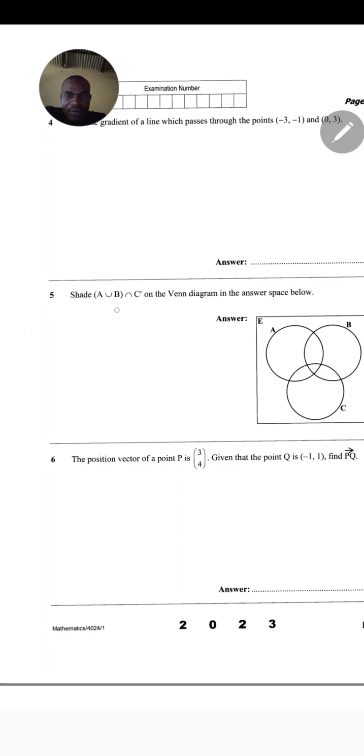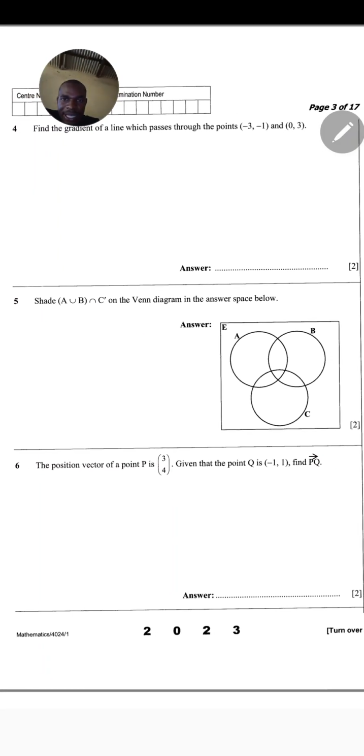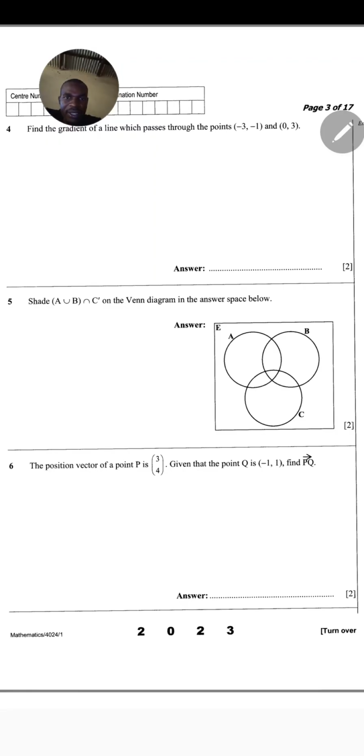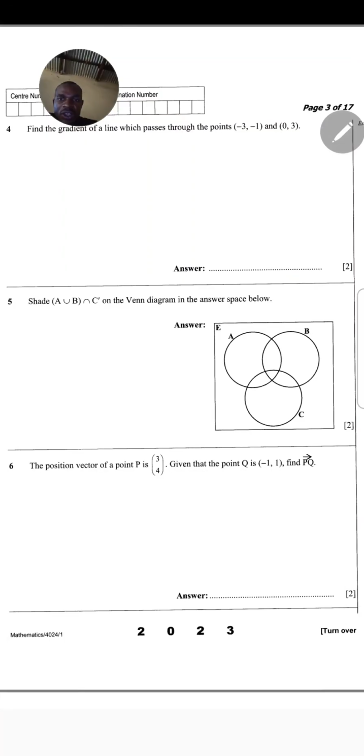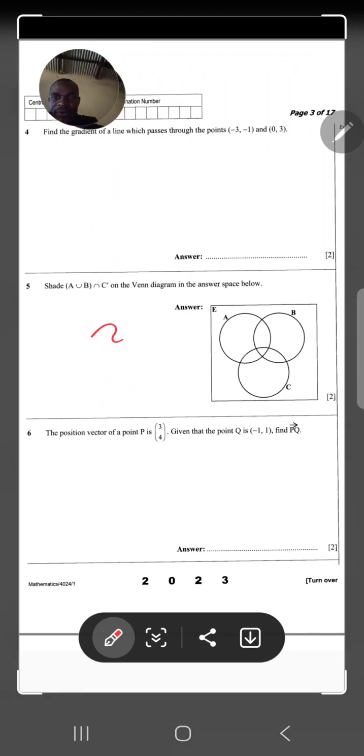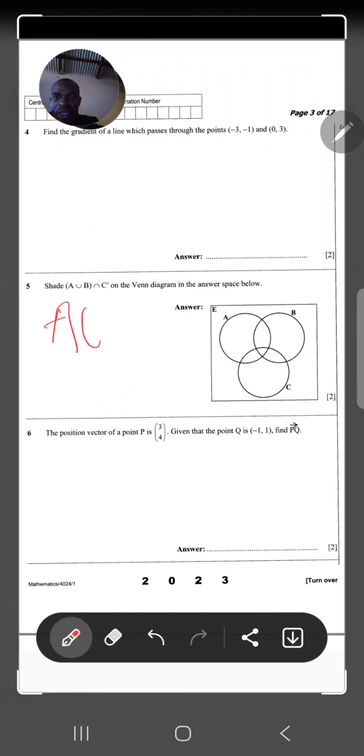Shade A union B intersection C complement A on the Venn diagram in the answer space below. So here, they want us to find A union B intersection C complement.